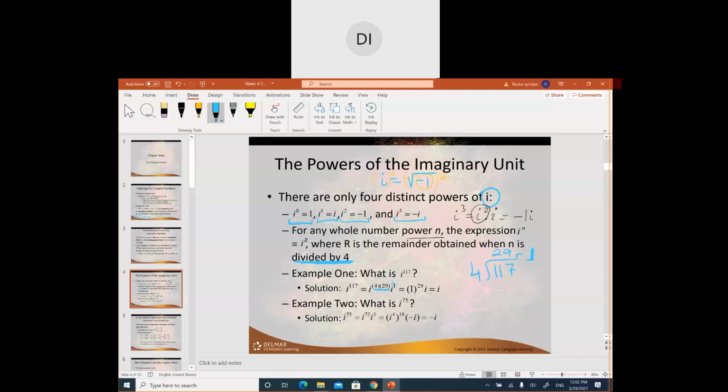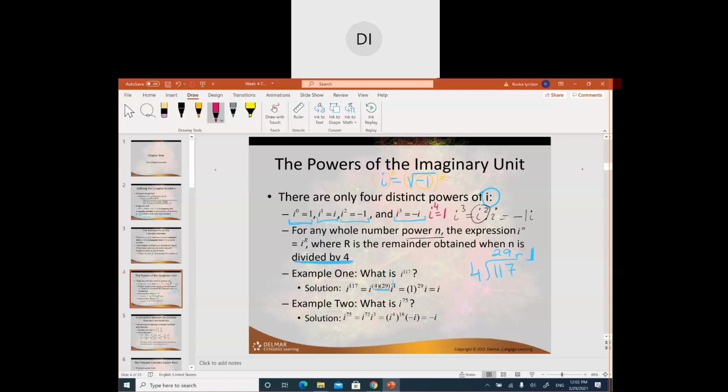Now, i to the 4 is always 1, because it's i squared times i squared, which is negative 1 times negative 1, which is positive 1. So I'm going to put that here also in what is given: i to the 4 is 1.